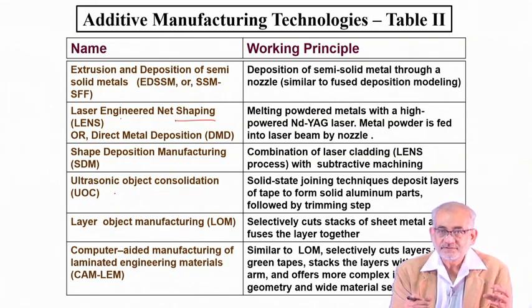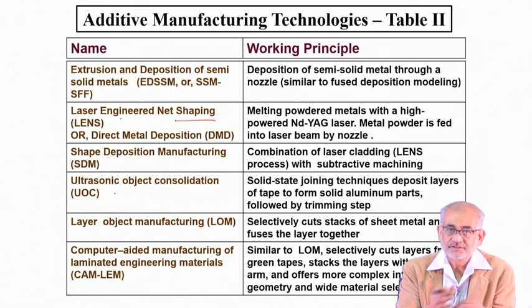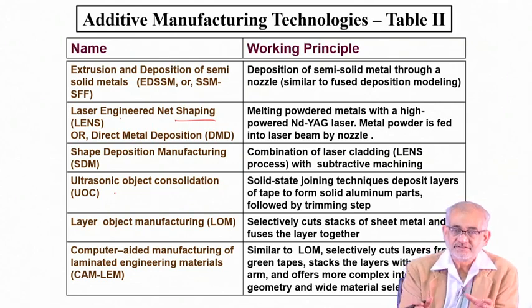So that's how the material feed can be changed, and material feed can define what material, what geometry, what composition, and what gradation, and so on you will ultimately develop.